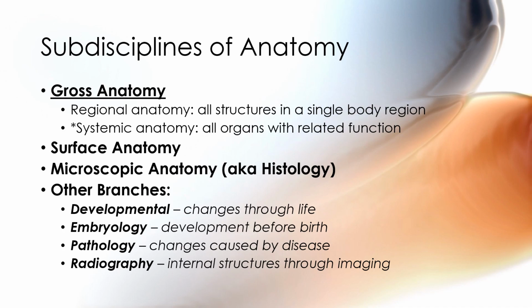It's all before birth, what's happening in utero. And then pathology. We will cover a little embryology and a little pathology, because first you learn how all the organs are supposed to work correctly. And then what happens with a disease process, how does that change that organ or that organ system? So we'll cover a little bit of pathology and common diseases in these different organ systems.